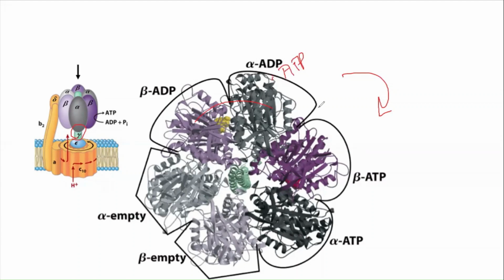So now there is a stage where it is also having ATP, it is having ADP, and now it is empty. Next rotation में क्या होगा? ये ATP रिलीज होके बाहर चला जाएगा. By the time here you will have ADP and here ATP and this will be empty.